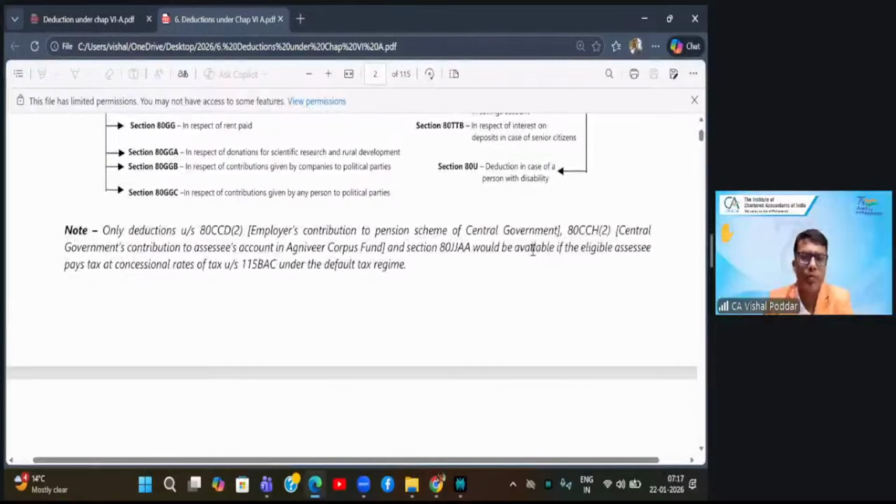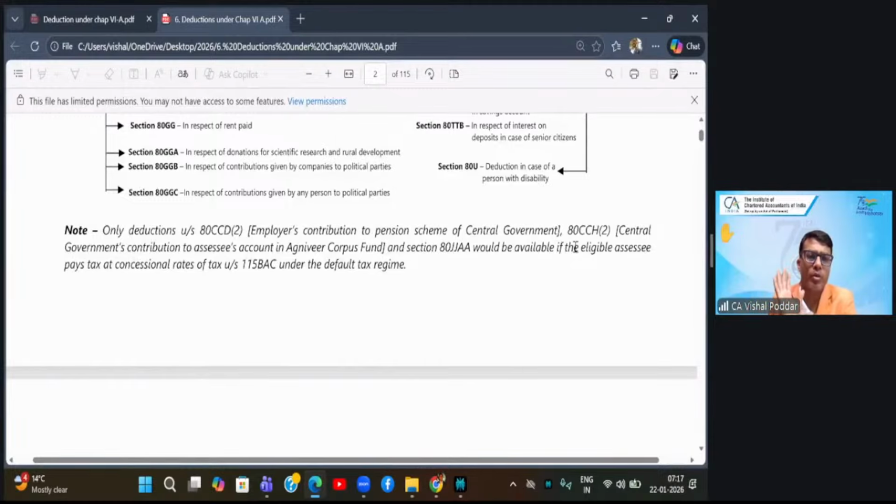Now, what is important for you all to note? As I said, there are a total of 3 sections where you are allowed to claim deduction under the new regime or the default regime. The 3 sections are 80CCD(2), which is employer's contribution to pension scheme, 80CCH(2), which is similar, the central government's contribution to Agniveer Corpus Fund. So these two are similar. And then the third is 80JJAA, where you are given deduction for hiring employees.